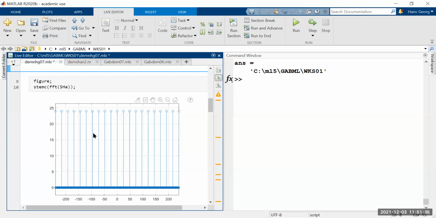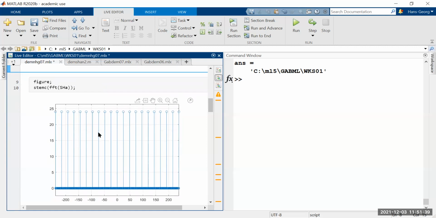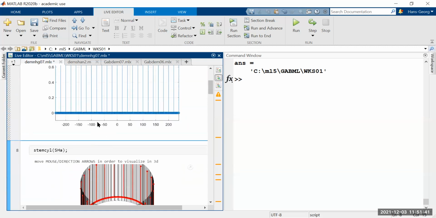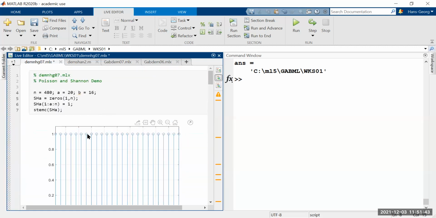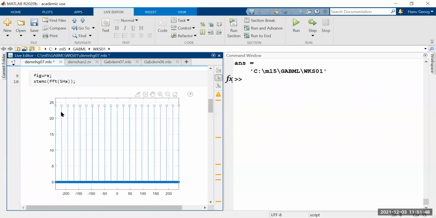Now it's 20 positions, so we have A equal 20. We have now 20 positions, and at each of those 20 positions, each evaluation of our pure frequency would give a 1. So it's not so surprising that you get a value 24, which is n over A, and that you get 20 copies.